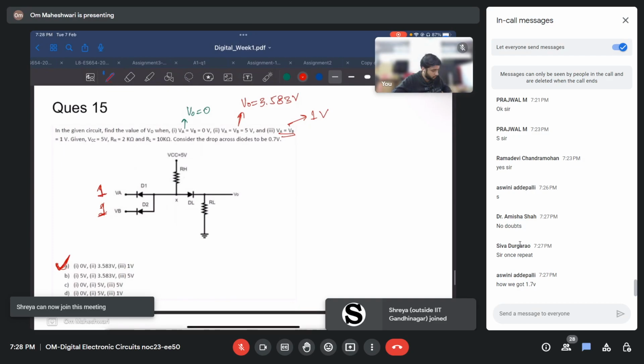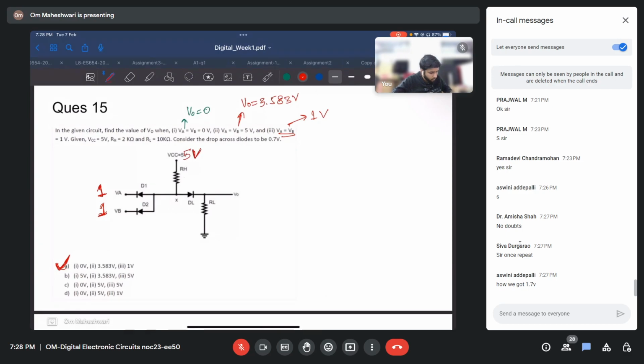So if we have 1 volt here, let's say, and we are having 5 volt here, the potential is higher on this side compared to this side, right? So these diodes may turn on. Here it is high, here it is low. And whenever the diodes are on, we have a potential drop of 0.7 volts across them.